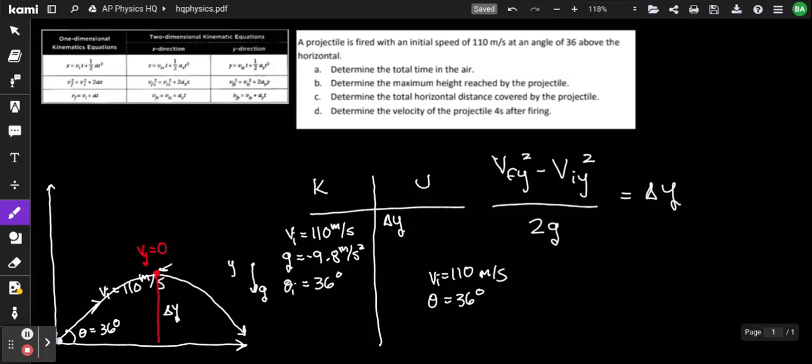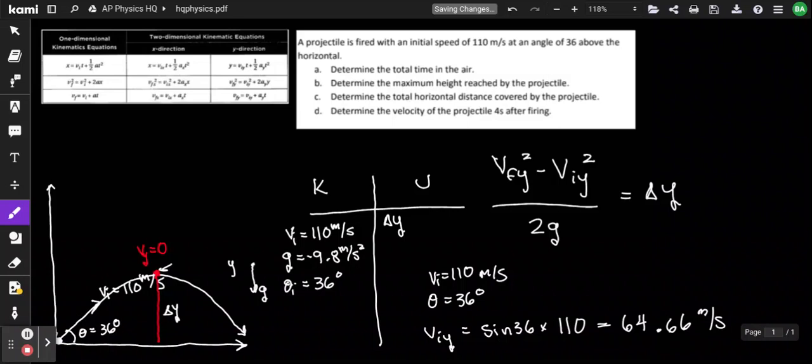In order to find the y component, v initial y, we can just do 110 times sine of 36, which, using my calculator, is about 64.66 meters per second.